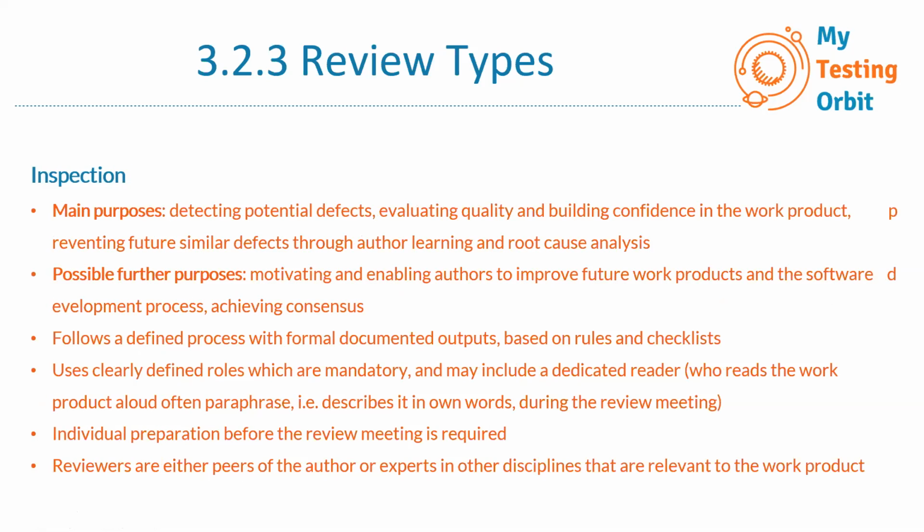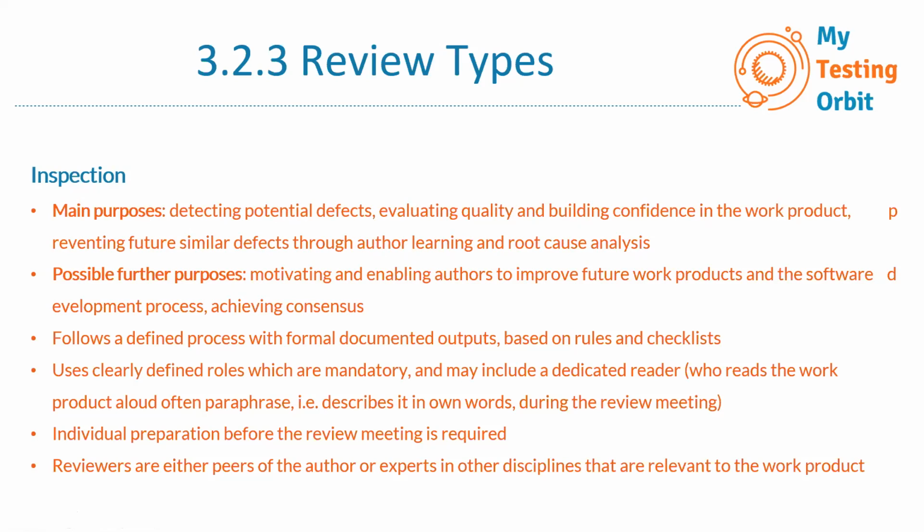Next one is inspection. The main purpose of inspection is detecting potential defects, evaluating quality and building confidence in the work product, preventing future similar defects through author learning and root cause analysis. So if we are choosing this kind of review, known as inspection, then mostly we are evaluating the quality of the work product being reviewed.